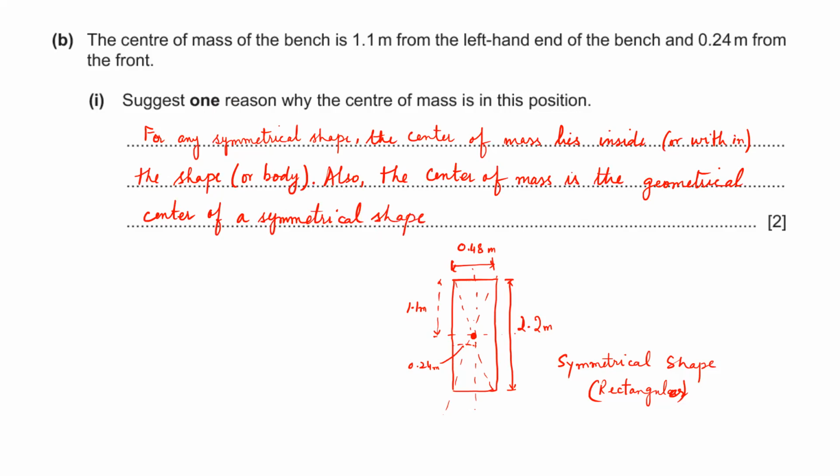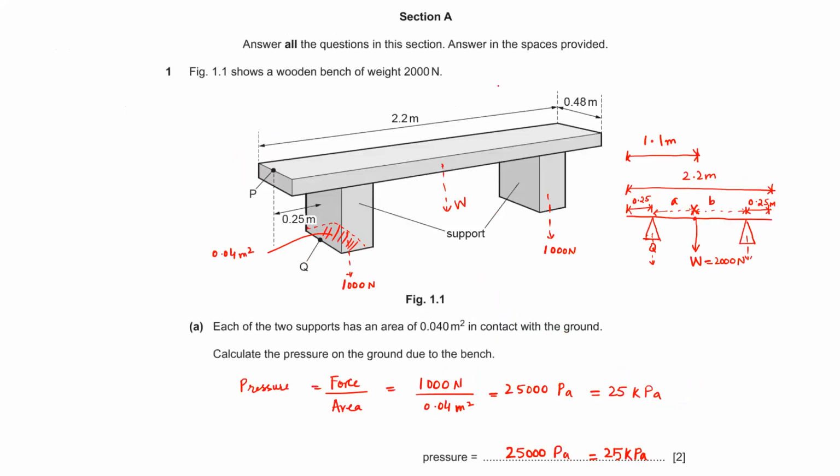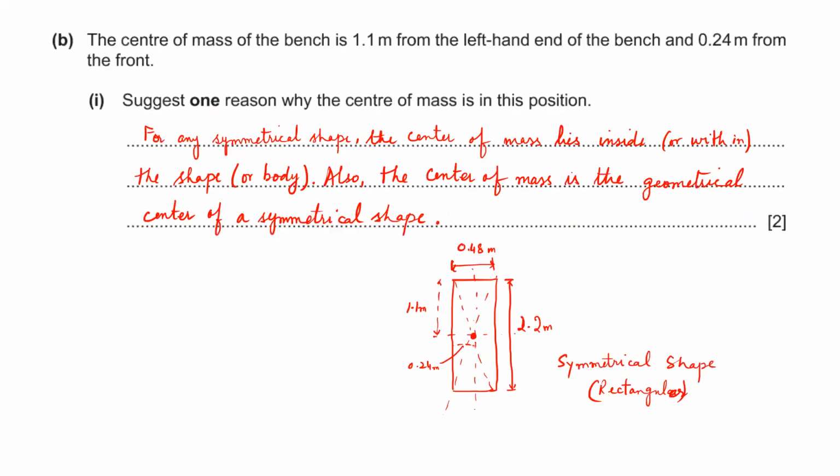That is why we can say that the geometrical center for this wooden plank lies something like this. And if we have to find the center of mass, it will lie inside the wooden plank, and since it is balanced, it is perfectly well balanced over these two wooden poles. So we can easily say that this is how a symmetrical shape will have the location for its center of mass.